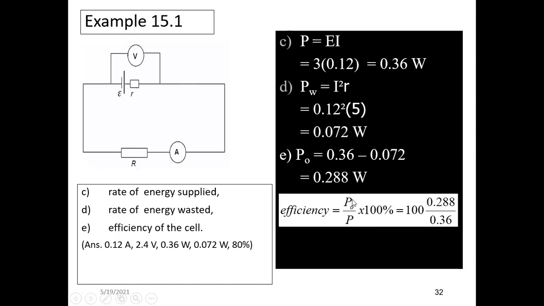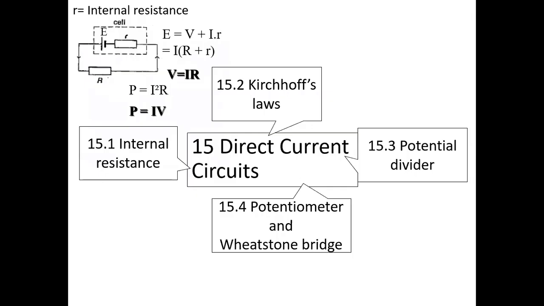So efficiency is power output over power supply times 100. 80%. Okay, so we have more or less got all the formulas that you need to remember. This one you can try yourself. I will send you the answer.